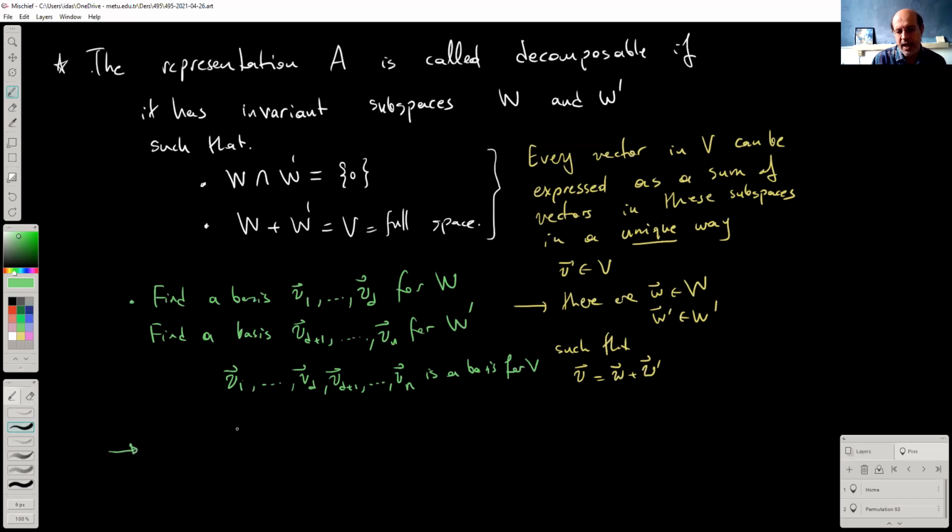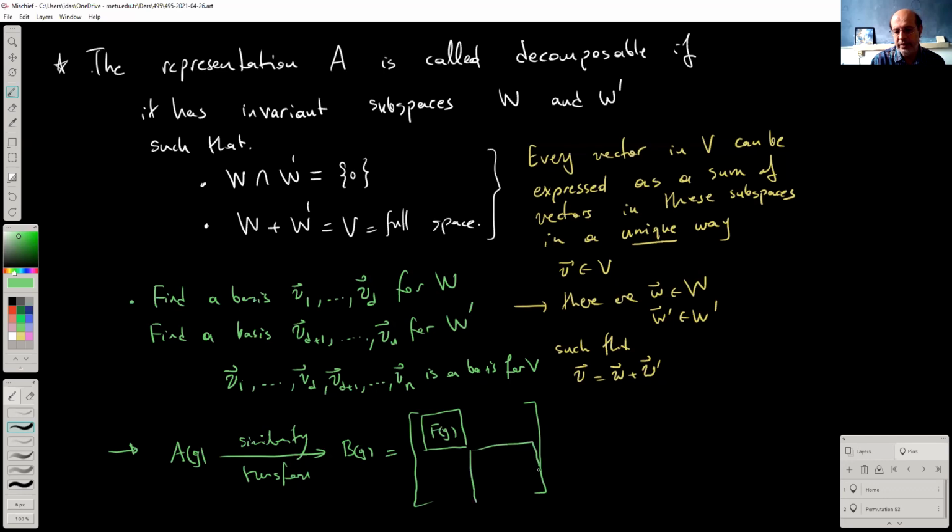In that case, I can make a similarity transformation where A of g is transformed into another representation where the first block of the representation matrix is acting on the vectors in the subspace W. So I have the representation restricted on the W subspace, L of g in here, and I have 0 blocks in here and 0 blocks in here.